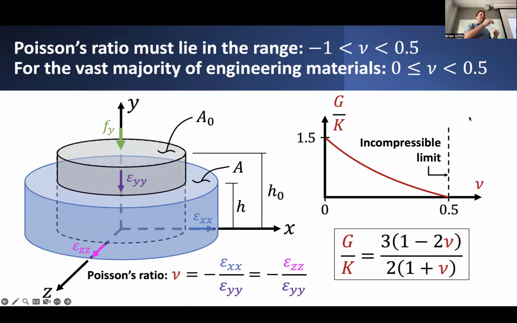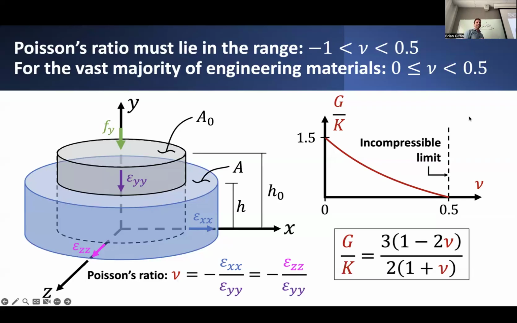What are some practical limits? Revisiting the question of what practical limits we should place on these different elastic constants. I said it makes sense that G and K should be positive values. Now, what happens if this ratio, G over K, if G becomes really small, or K becomes really big?